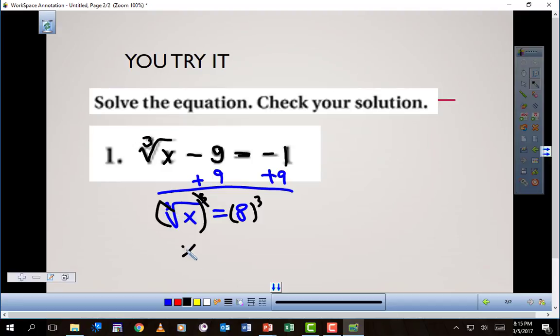And so we get x is equal to 8 times 8 times 8 again. Let me just use my calculator for that. I think it's 512, if I remember correctly. 512. Yeah, I'm going to get my calculator here and check.